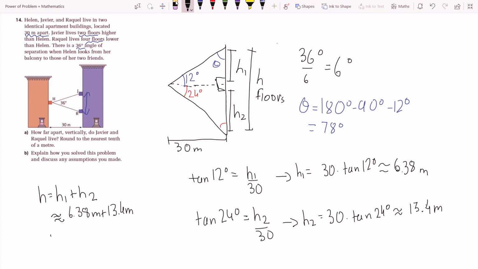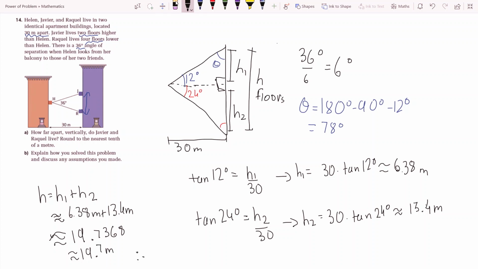And what you approximately end up getting is 19.7368, and obviously if you were to round to 3 significant digits, it would be 19.7 meters.